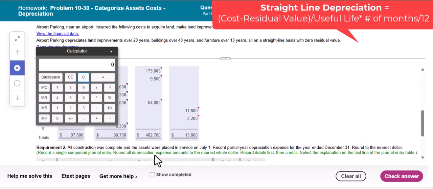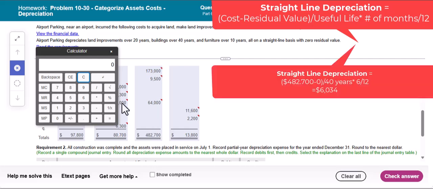Total building cost was $482,700. And we're going to go ahead and subtract out 0, so don't need to do anything for that. But then we have a different useful life for the building. It's 40 years, so we're going to go ahead and divide that cost by 40. And that's annual depreciation. However, we're doing it for half a year.